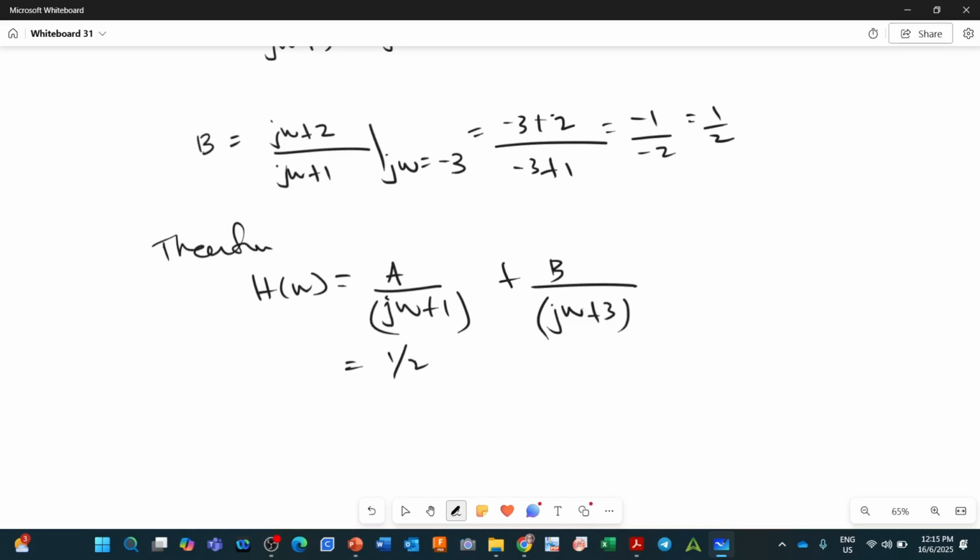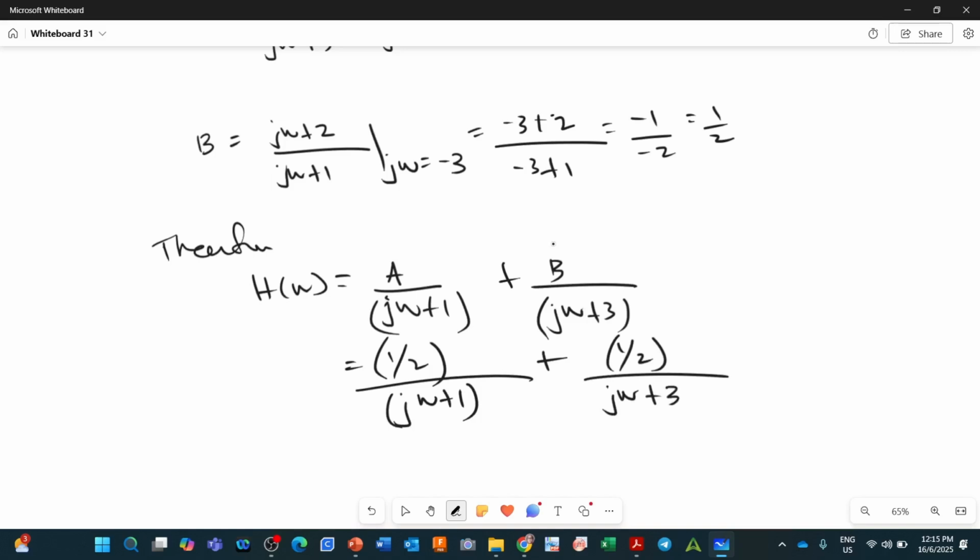So I'm just going to write the full equation. Therefore, H omega equals 1 over 2 over (J omega plus 1) plus 1 over 2 over (J omega plus 3). H omega, this is the answer. Do you get it? So this one is in terms of the frequency domain.